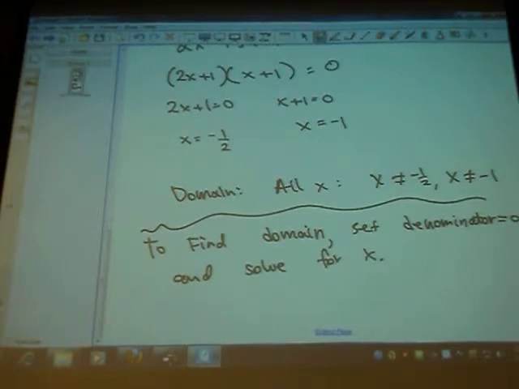Okay, and then once you find those x values, then x cannot equal these numbers. Everything else is okay.